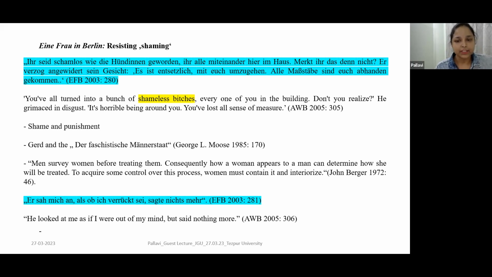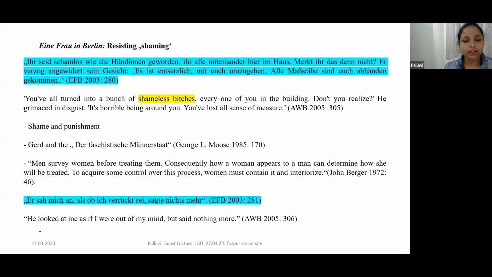Then she also writes, "He looked at me as if I were out of my mind, but said nothing more." His gaze towards these women who survived the war is an attempt to diminish and undermine them through his looks, as if they are surviving, but at what cost?